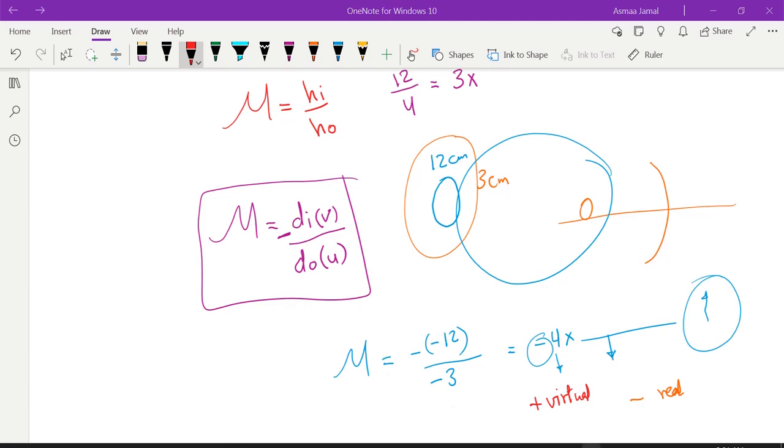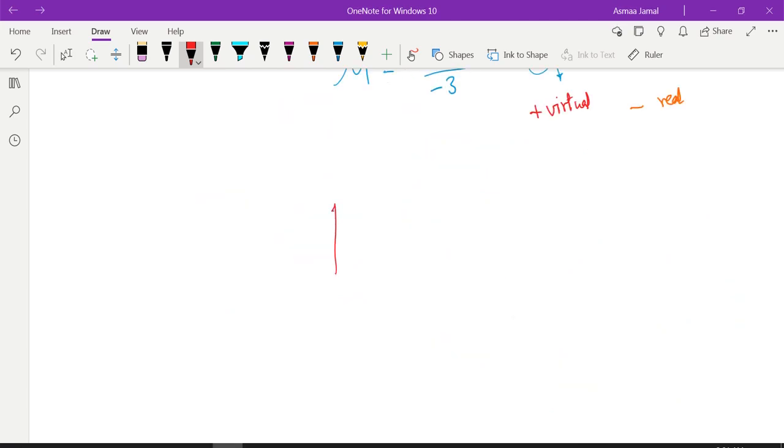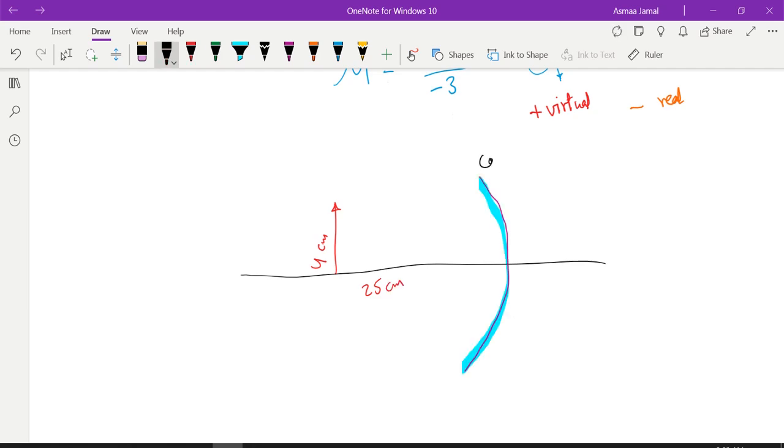Let's have another example. We have an object 4 centimeters in size placed 25 centimeters from a concave mirror, and that concave mirror has a focal length equal to 15 centimeters. Can we find the location of the image and the nature of that formed image?